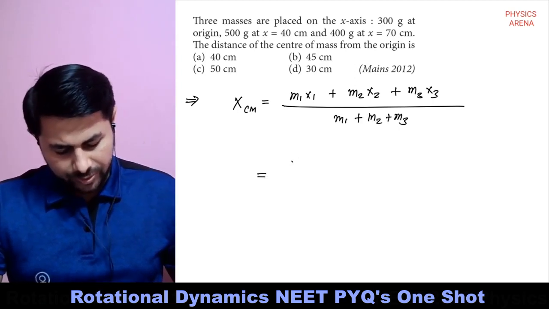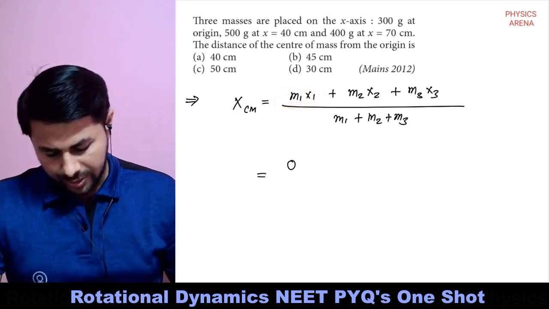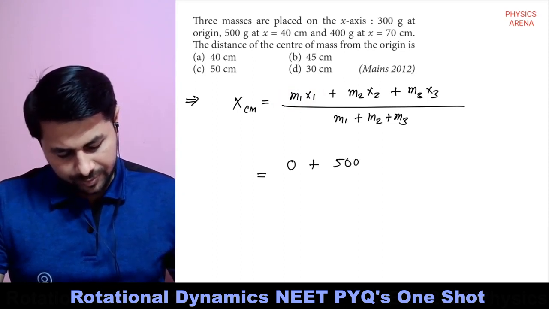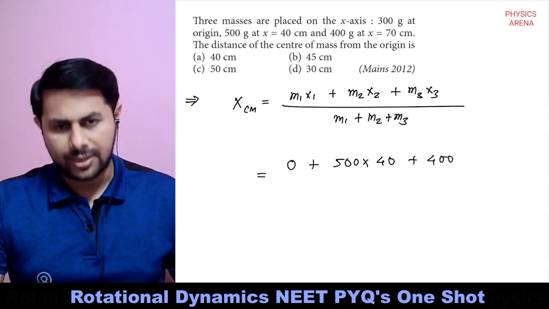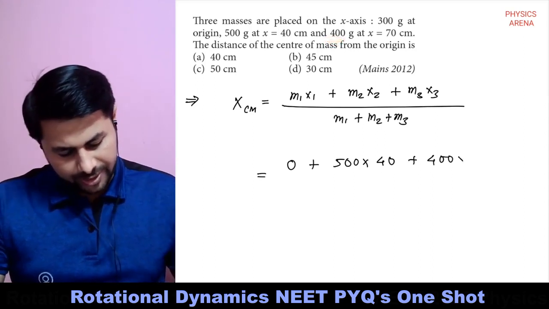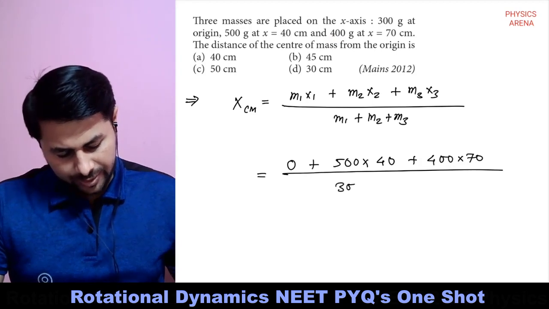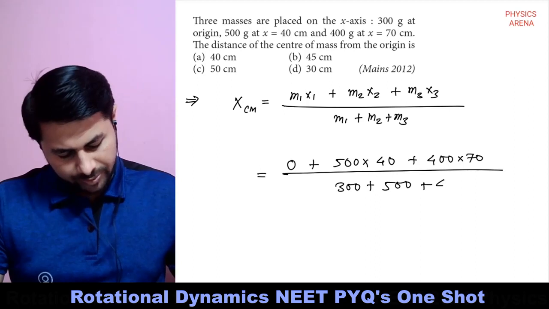For the first one it's 0 because it is at the origin. For the second, mass is 500 gram multiplied by 40 centimeters, plus the third, 400 grams at 70 centimeters, divided by 300 plus 500 plus 400.